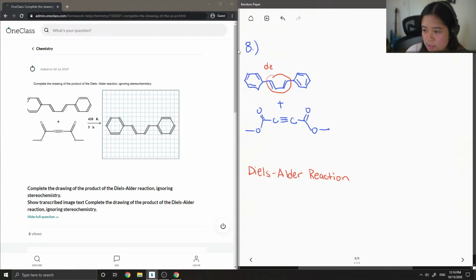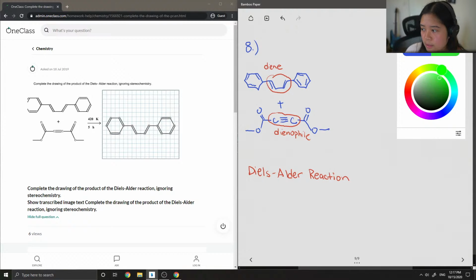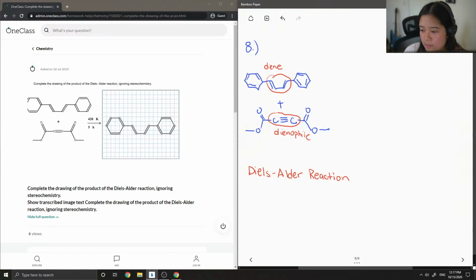That just means it has 2 double bonds. And then this triple bond in the middle, with 2 carboxyl groups, is called a dienophile. And basically, this is a very good electron withdrawing group.